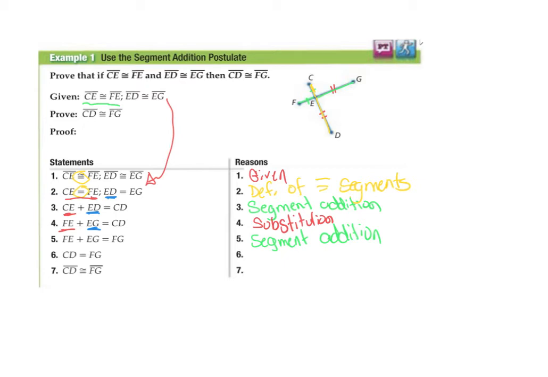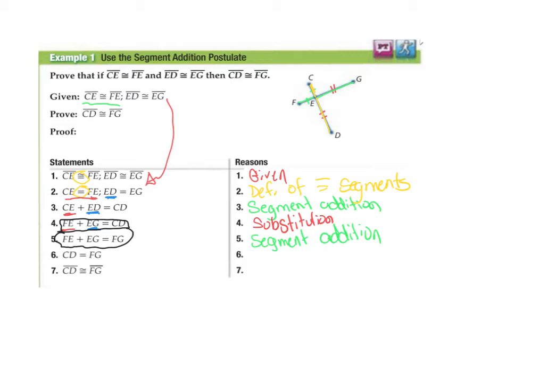So now I have two things. I have statement 4 saying that FE plus EG equals CD. And then I have statement 5 saying that FE plus EG equals FG. Well, I have two of the same things.